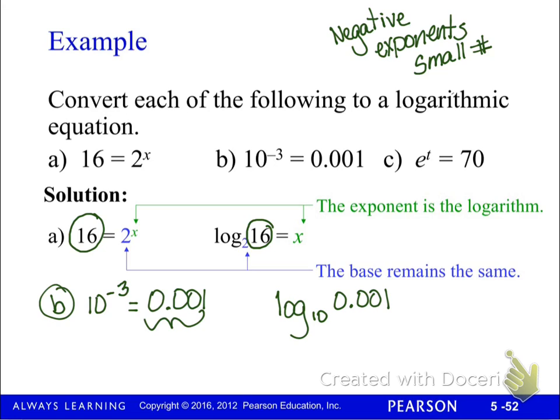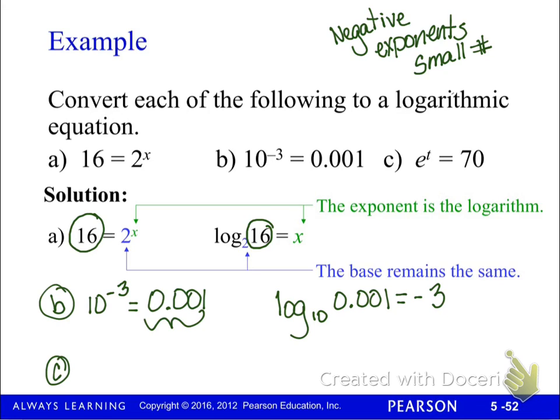So 0.001, that's one thousandth, and that equals our exponent, which is negative 3. So 10 to the negative 3 equals one thousandth is the same thing as log base 10 of one thousandth equals negative 3. Okay, let's do our next one.